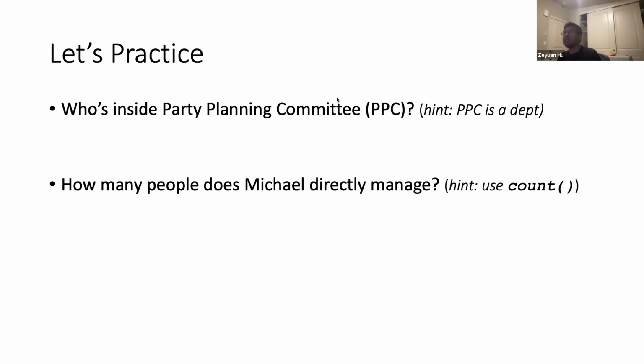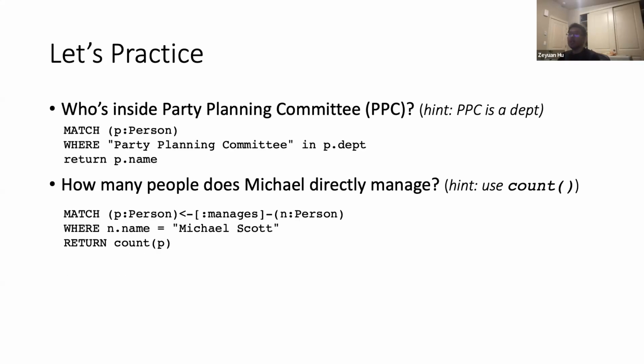Okay, so let's take a look at those queries. Make sure at some point you take a screenshot, in case you missed the previous chance. So the first one is: who's inside the Party Planning Committee? We have the following simple Cypher query.